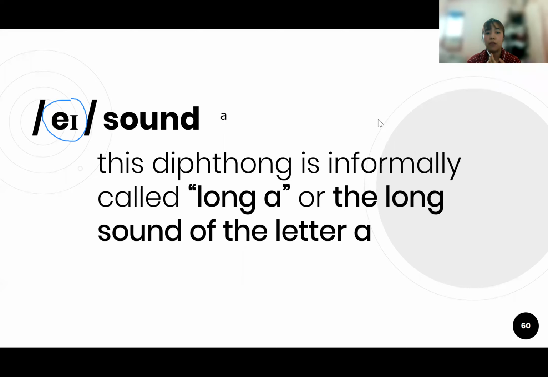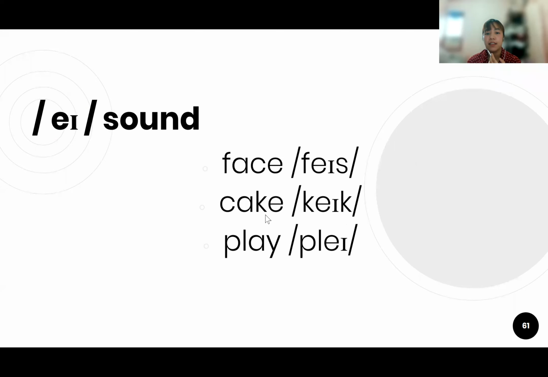For example, in the words face, cake, play. So this is how you would transcribe these words using the IPA symbols. So we have your face. Your A here in face produces the A sound as well.